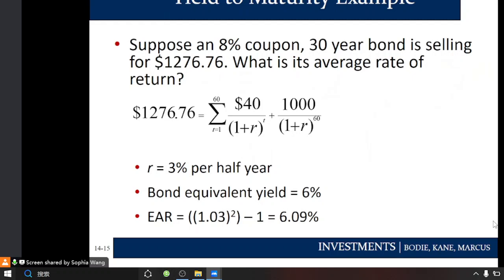Suppose an 8% coupon, 30-year bond is selling for 1,020. What is its average rate of return? Just use these figures, and I think this is very important. This is very easy to solve.